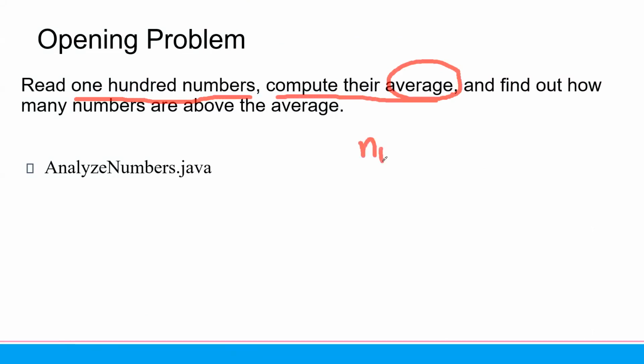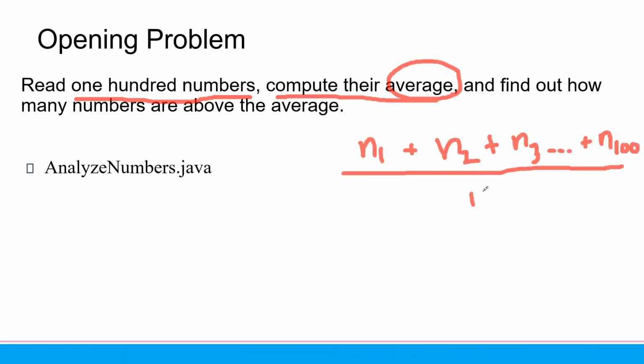If we have, for example, N1 plus N2 plus N3, and let's say we have 100 numbers, then we add until the number 100, divided by 100, because we have 100 numbers.